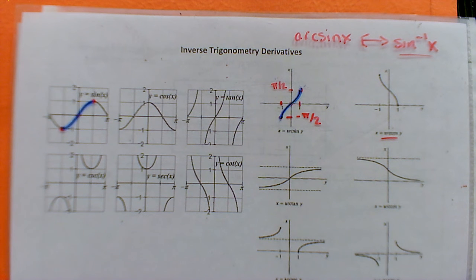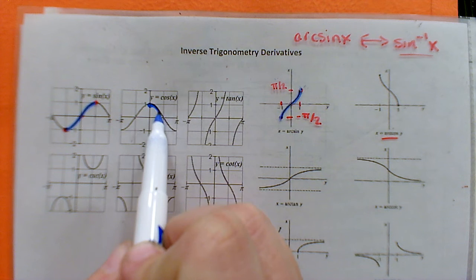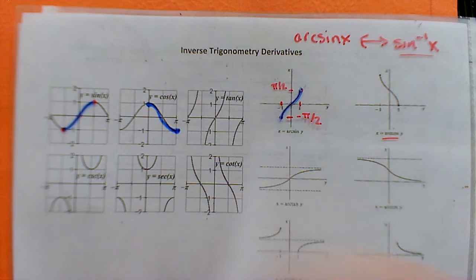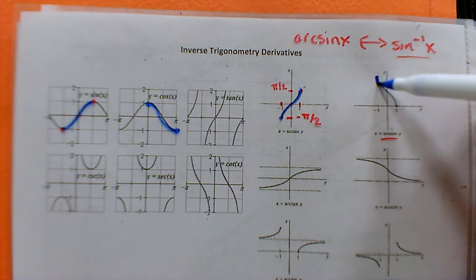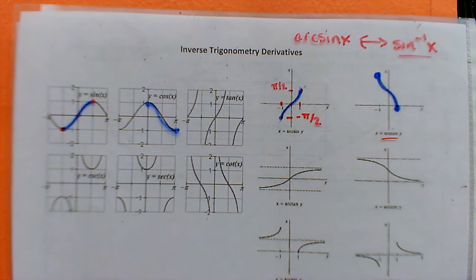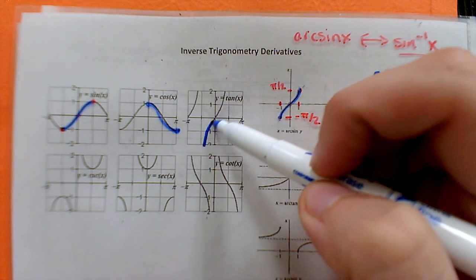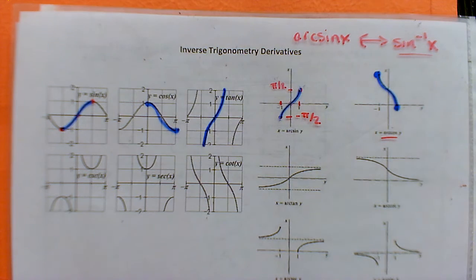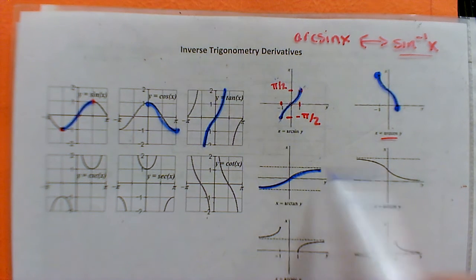Okay? The same thing's going to happen for cosine. What we're doing is we're only going to take this little section of cosine, and if we were to switch all of those ordered pairs, we would get this graph. Same thing with tangent. If we were to just take this middle section and switch the ordered pairs, we would get this graph.